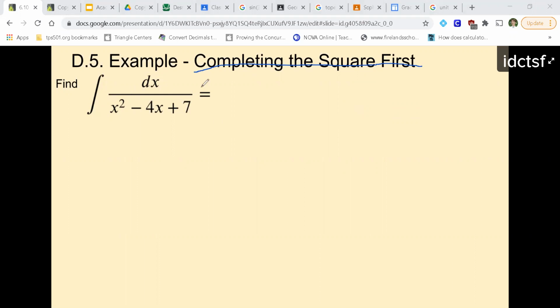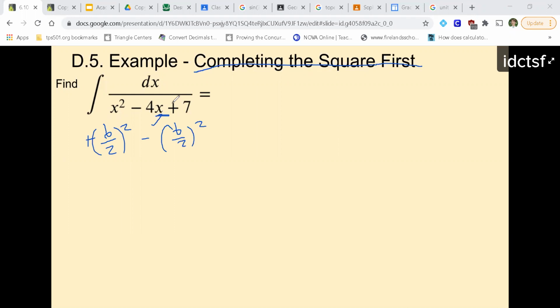Okay, so again, if you are good on your pre-calc skills, then you're good to go right here. If not, as a reminder, to complete the square, what you're going to do is you will add b over 2 squared and subtract b over 2 squared into your problem.